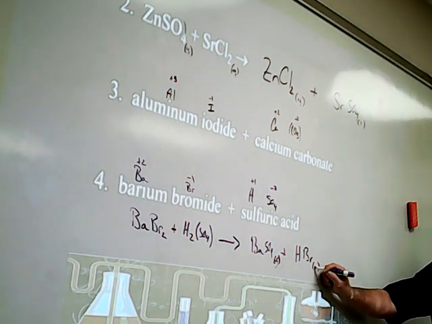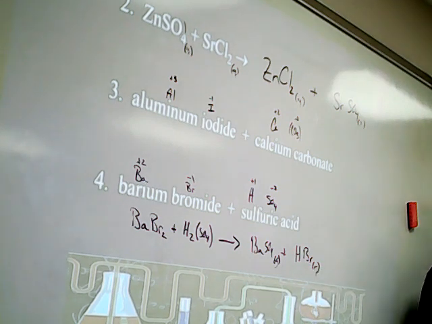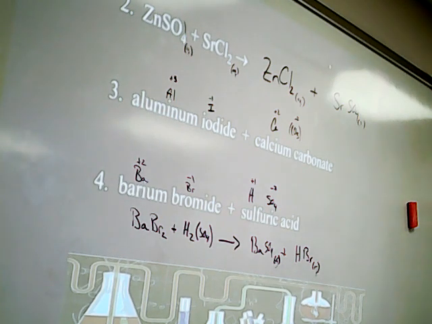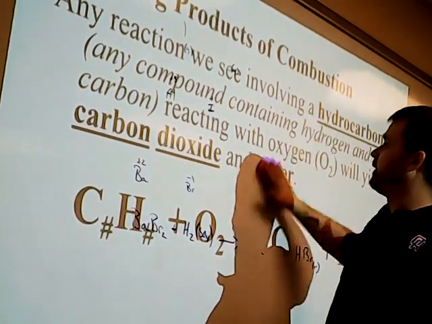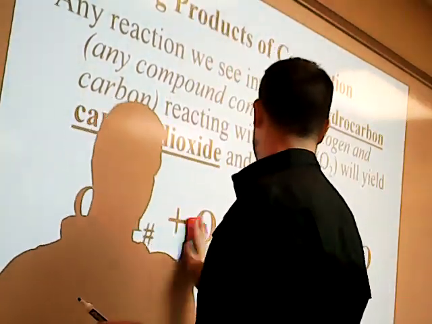So this is going to be aqueous. From there, you would do what? Balance. You would go balance it if you could, and most of the time you will need to.